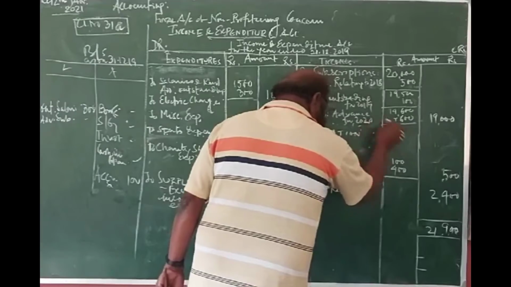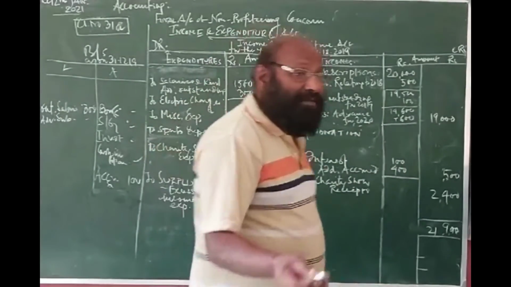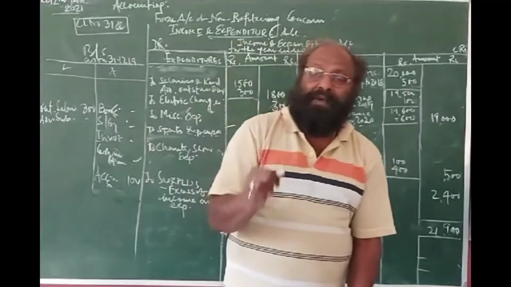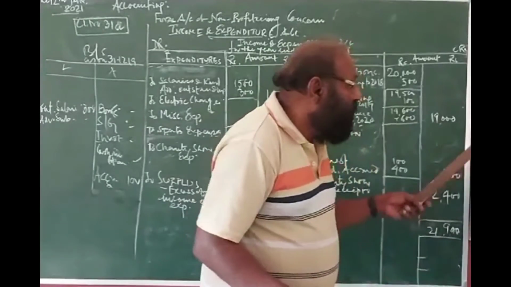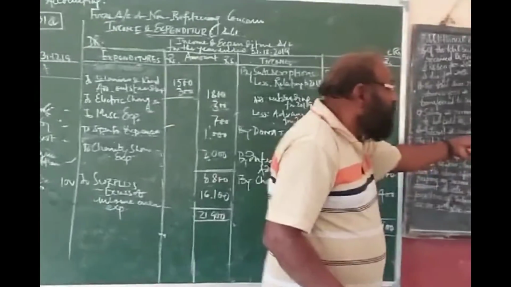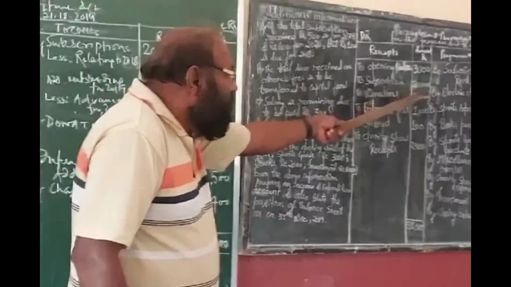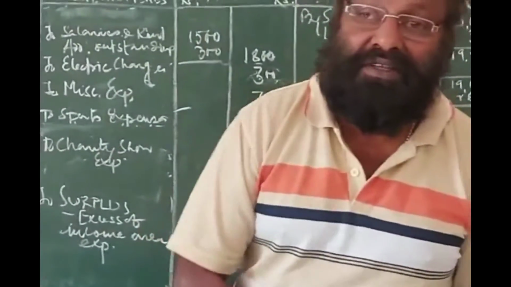What is the amount? 5,000. Clear? But mind it, here the accounting practices give you some special privilege with regards to assumption. Now you think, what is the amount of donation? Donation is 5,000. Okay, what is the amount of subscription? 20,000. The donation is a considerable part, rather 25% of the subscription.